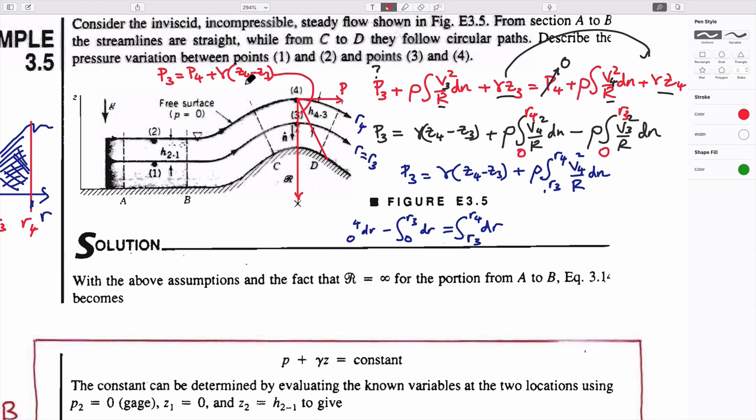This is just H, right? So in other words, it'd be this linear term here, and we have this term here.